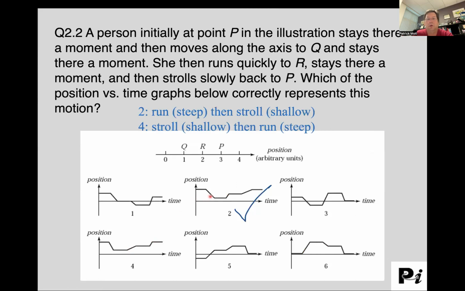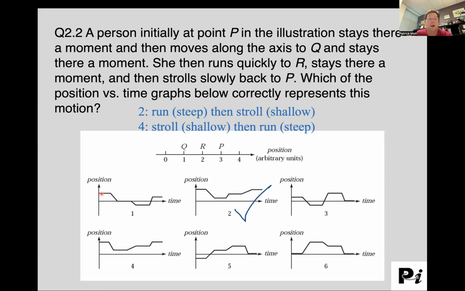For 2, the person runs from Q to R because it is a steep slope, and then a shallow slope as they go from R to P. And that is the one that actually matches our story: runs quickly to R and then strolls slowly back to P. The one that matches our story is graph 2, position versus time.